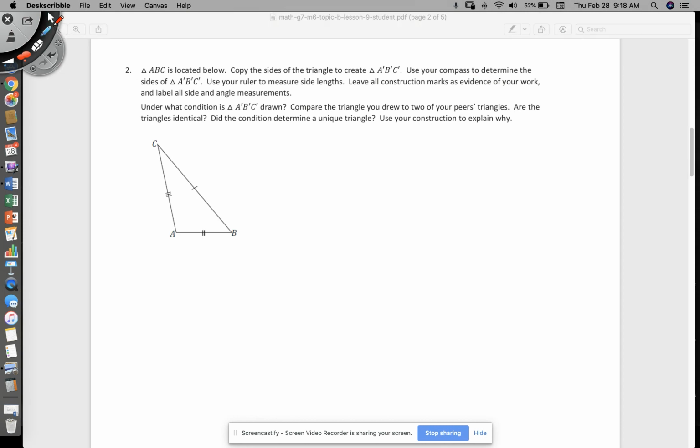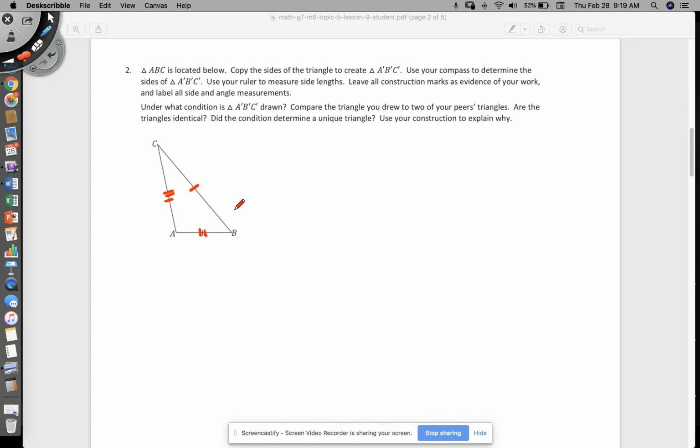Okay, for number 2, we have triangle ABC here. We're going to look at these tack marks. If you remember this from previous lessons, this side has 1, and then we have 2 here, and then we have 3 here. All right, so when we create our corresponding triangle, we're going to copy this. We need to make sure that we keep those lengths the same.